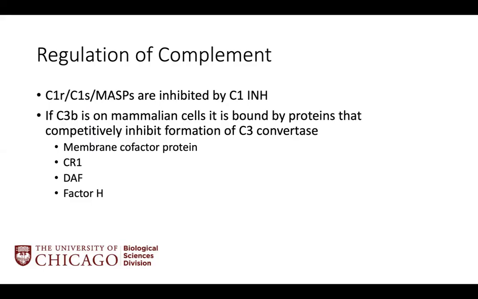Those are both inhibited by C1 inhibitor, which makes sense, inhibitor of C1. If C3b is on a mammalian cell accidentally, it will be bound by proteins that competitively inhibit formation of C3 convertase, including membrane cofactor protein, CR1, DAF, and factor H.